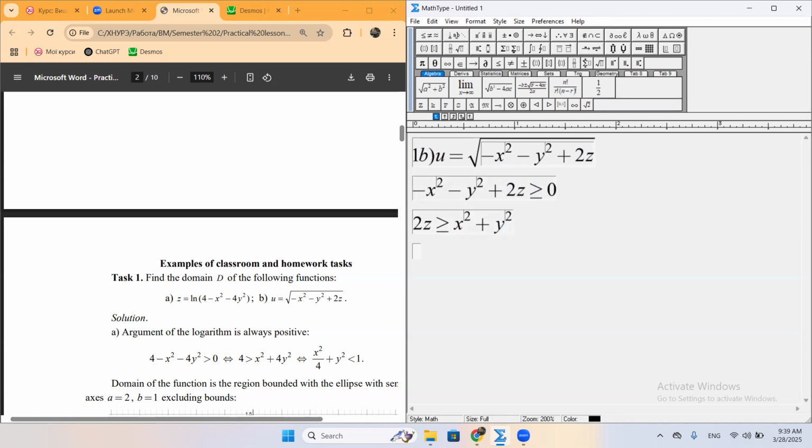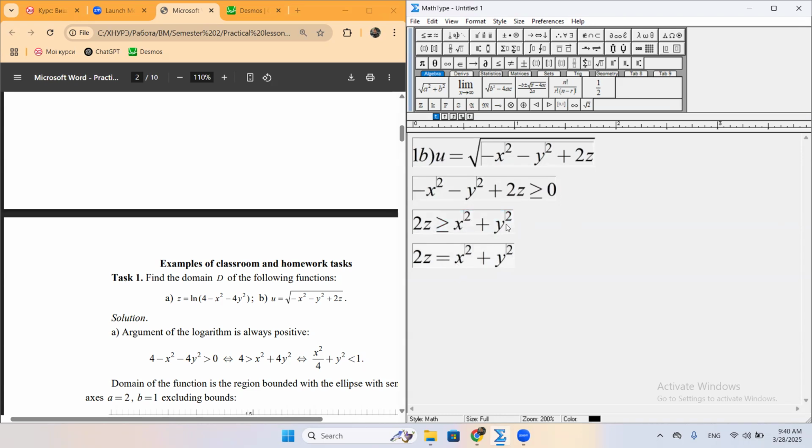So actually we have an inequality that is similar to the equation of a paraboloid, elliptic paraboloid. What does it mean? That the domain of function u is the elliptic paraboloid and all points that are above it.